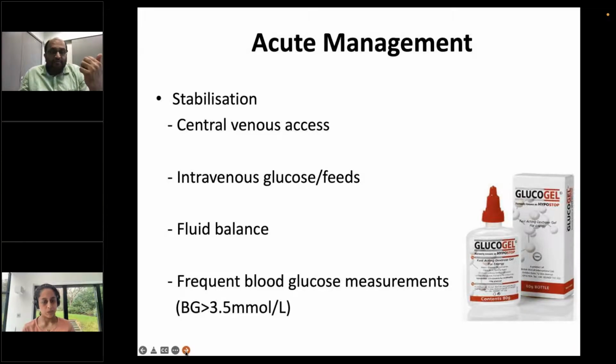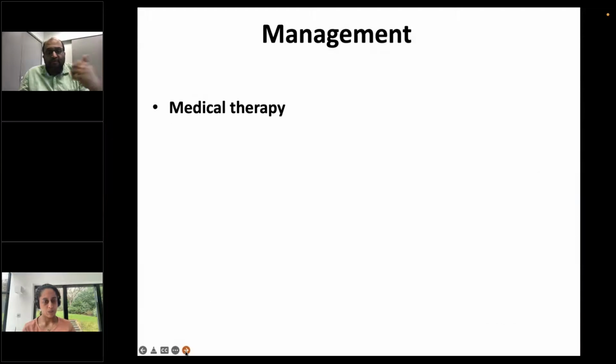And very importantly, we have to monitor their blood glucose levels and also the fluid balance, so that the volume of fluid we're giving is not too much, because there are certain drugs that we use, especially in this condition. The drug that is used commonly is called diazoxide, and that is known to cause fluid retention. So it is really important to manage and monitor fluid balance.